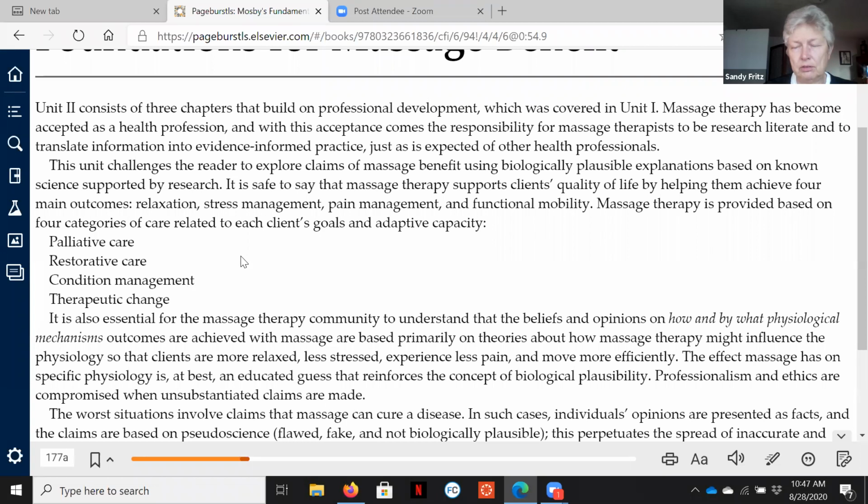Therapeutic change is more about what people would think of as reversal or maybe a "fix." And while massage can be part of that, therapeutic change typically will involve a multidisciplinary approach, as does condition management.